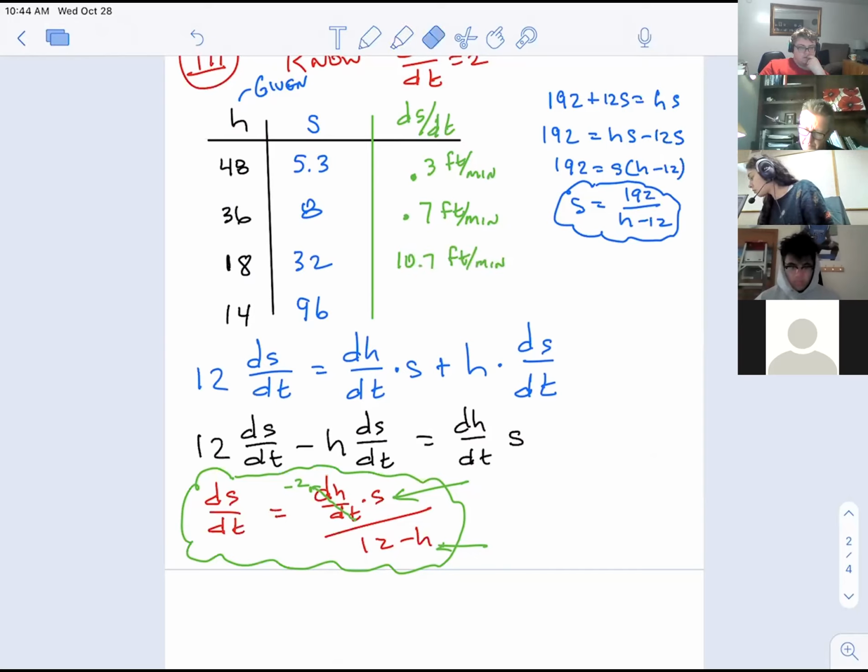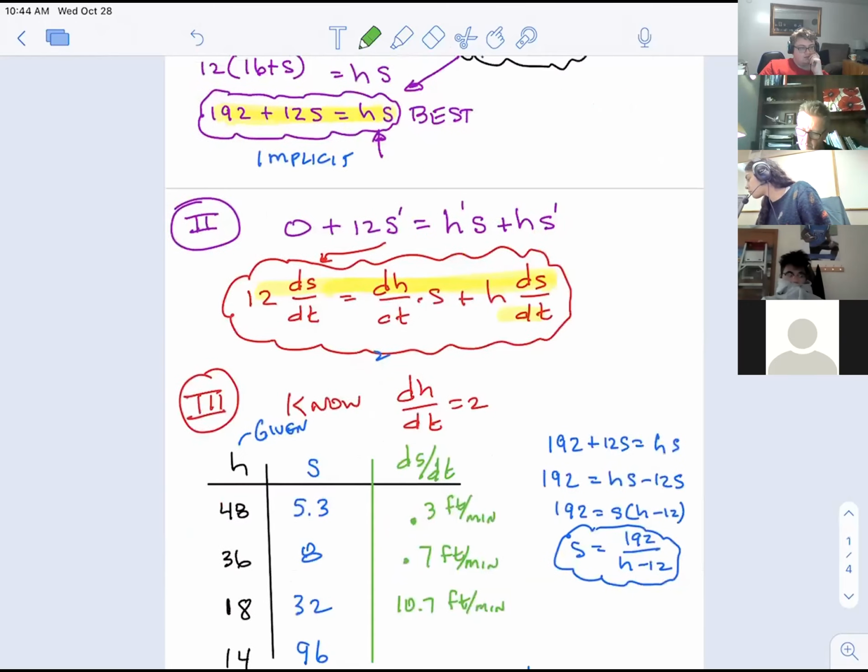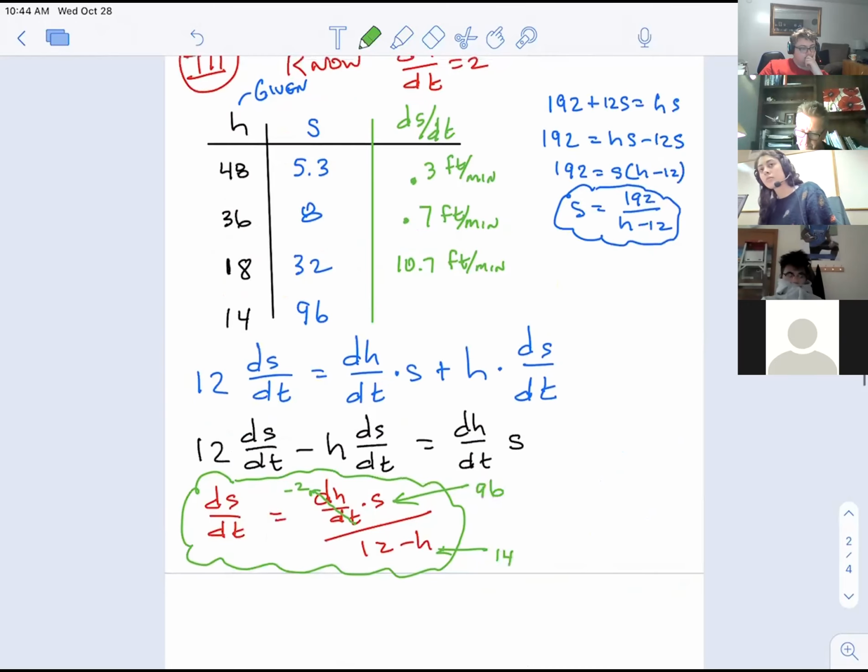I have a question real quick. Please. When you did your finding the derivative for S with respect to time for the first H, when H is 48 and S is 5.3, did you get something like 0.35, or something that would round to 3.5? Let's see. I used 5.3 and I got 0.29 for that.